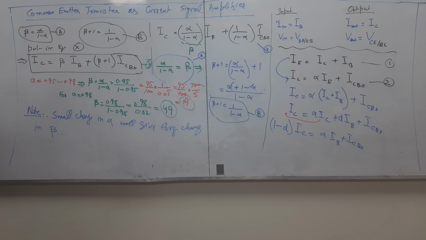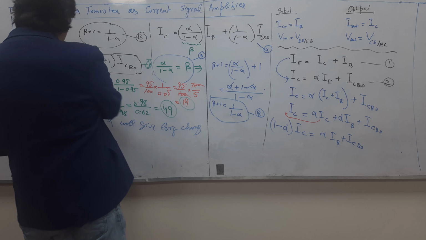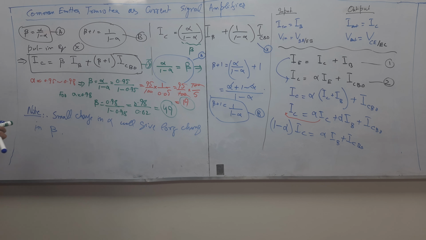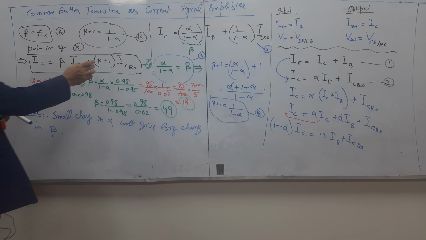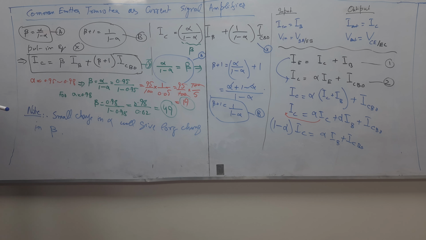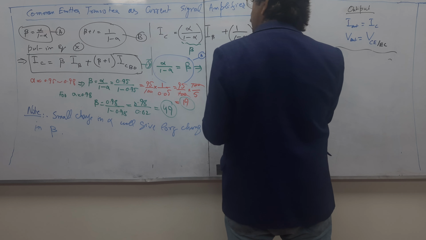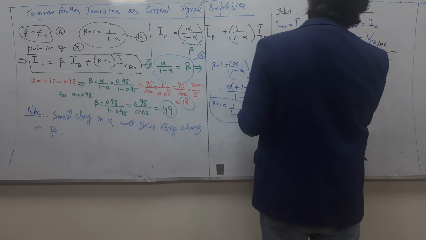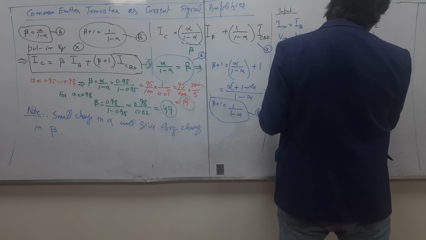Beta. This will be your result. If the value is 0.95, then beta value will be 19. Now, output current. This equation, IC equals beta IB plus beta plus 1 ICBO.